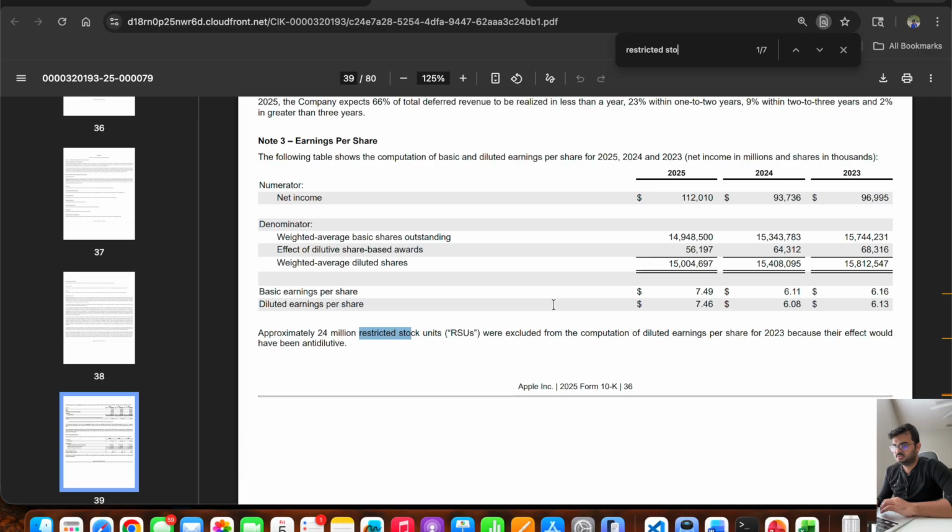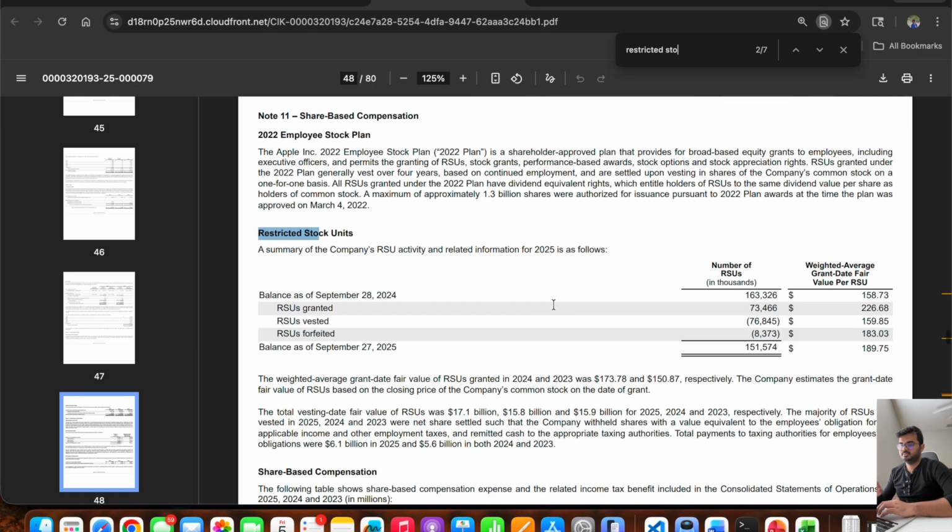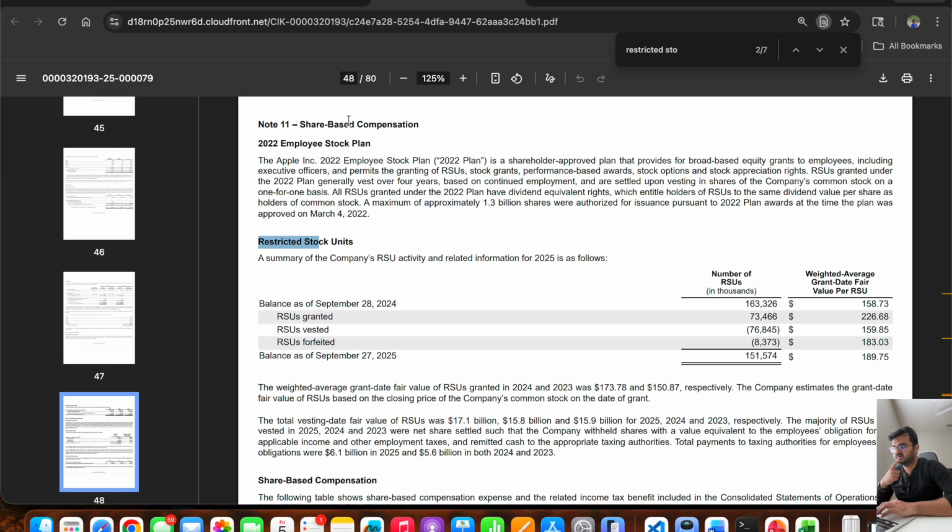Okay, restricted stock. If you could see, there is one footnote which says share-based compensation. Here it says restricted stock units, and balance as of September 27, 2025 is 151,574. It's in thousands. So typically 151 million.